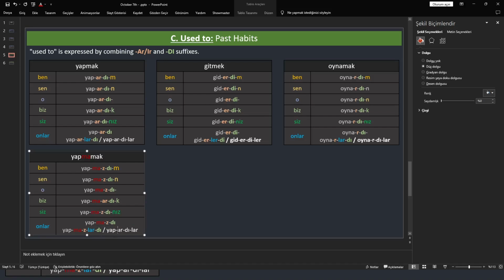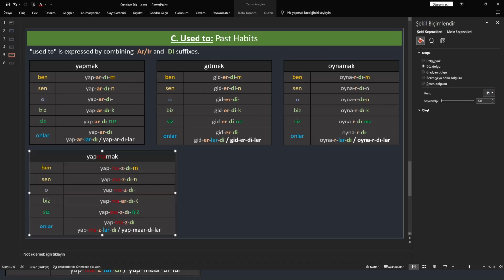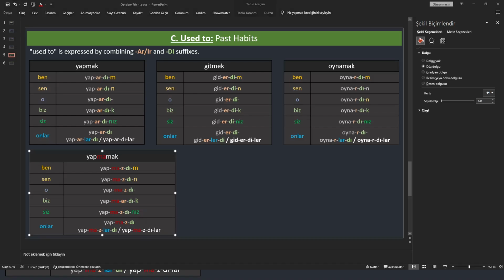Yapmazlardı, or again, yapmazdılar. So you can also say yapamazlardı. You insert the ability suffix.